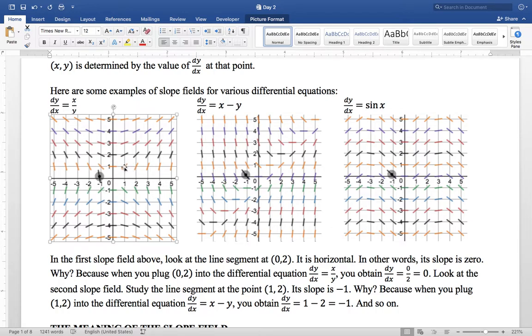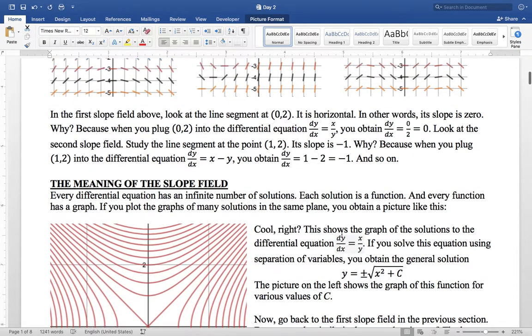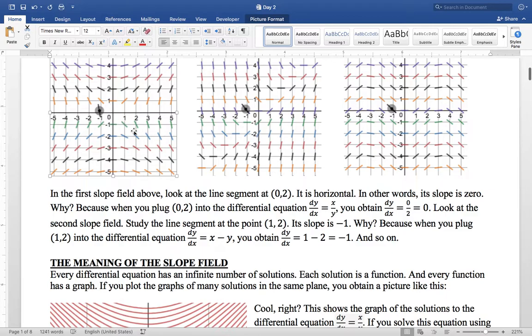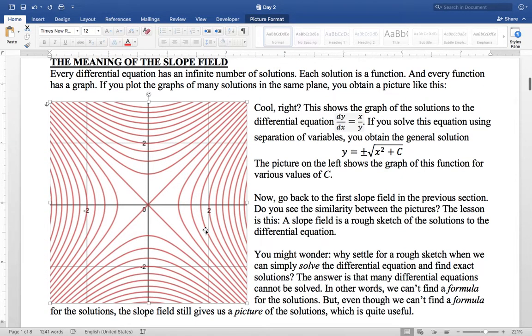The slope field is something that someone in middle school could do. It's just plugging points into this equation. No calculus required. And that slope field, as we see, comparing this picture to this picture, is a pretty good approximation of what the infinite family of solutions to the differential equation looks like. So that's why we care about this.